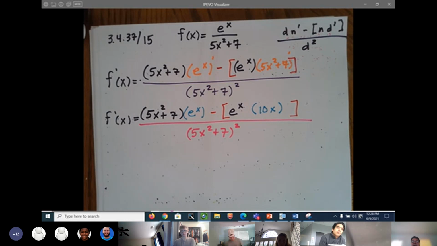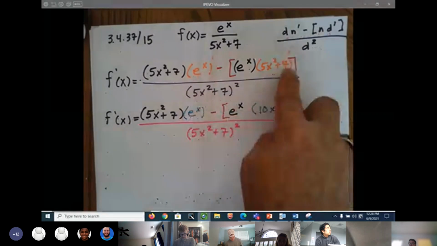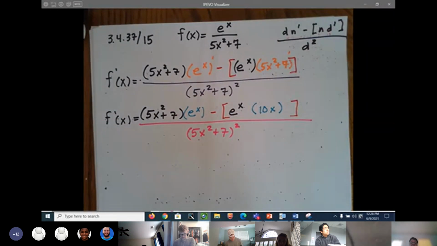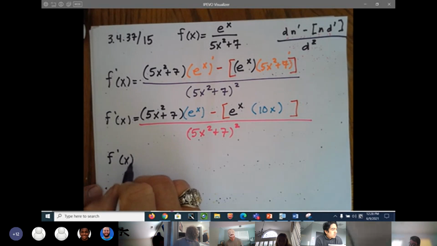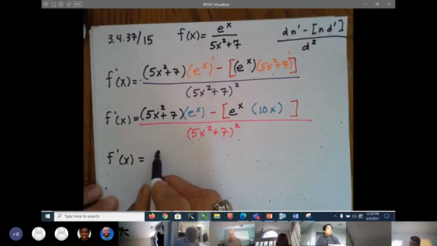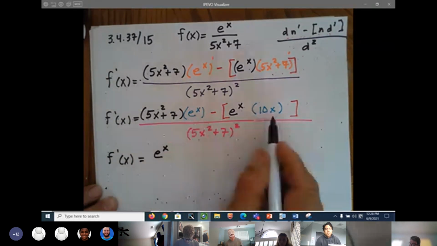You could distribute that 10x. So here's what we're going to do. I'm going to turn everything black now because we did the derivative, so we've got nothing but algebra. f prime of x is equal to e to the x. I'm going to factor that out.